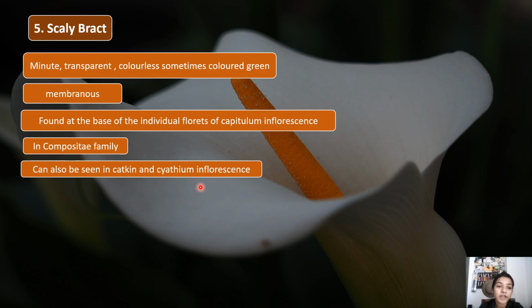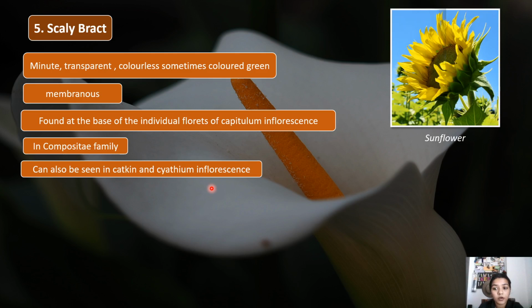So we can also find these kinds of scaly bracts in catkin and cyathium inflorescence. Now take a look at this. As I told, this is the Compositae family, so this bract is present in the Compositae family. So we need to take a look that this is a sunflower plant flower, right?